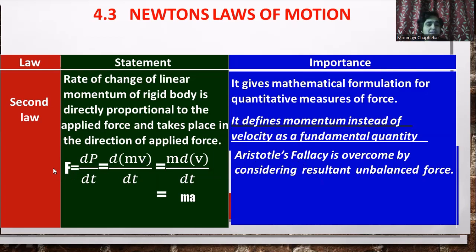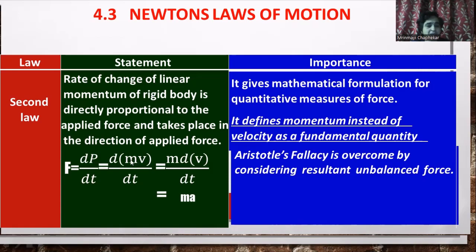See, if force acting on the body is 0, then d(mv) by dt will be 0. Now the denominator dt cannot be 0, that means this term has to be 0. That is, momentum is constant, dp is 0, that is change in momentum is 0, that means momentum is conserved.